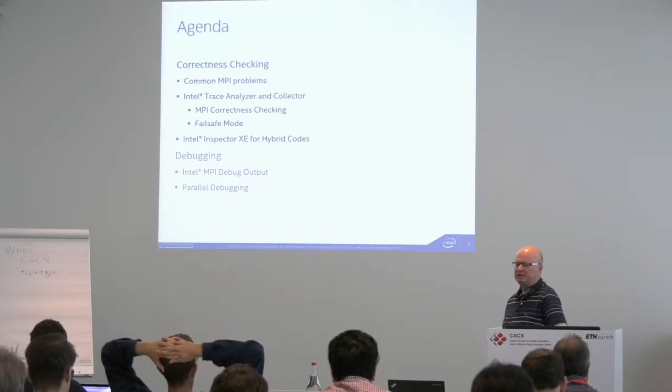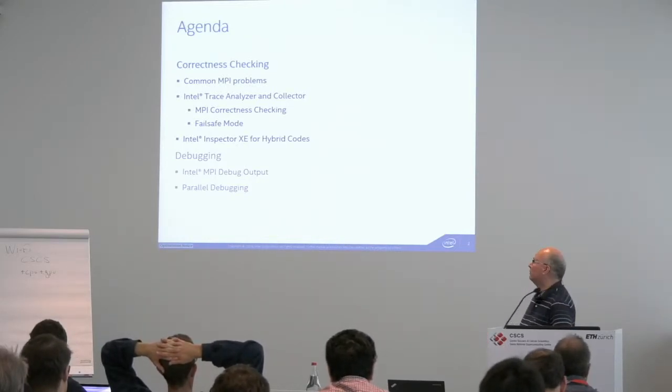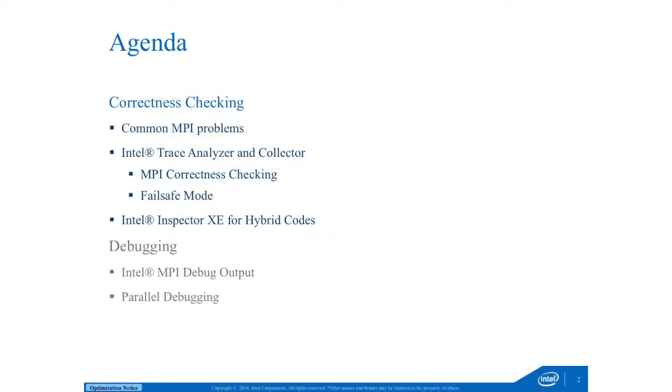So the correctness checker is checking for common MPI problems. It checks if the interface was used correctly, if it finds errors like wrong data types or so. That's very easy. But more interesting are things like deadlocks. It's not checking only for deadlocks that are really happening, but it also checks for potential deadlocks.